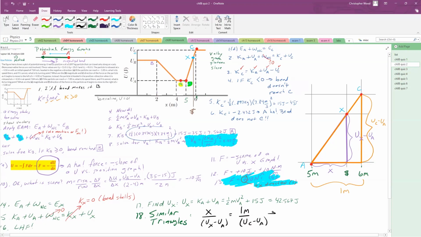So now I'm just going to solve for X. X equals UX minus UA all over UC minus UA.